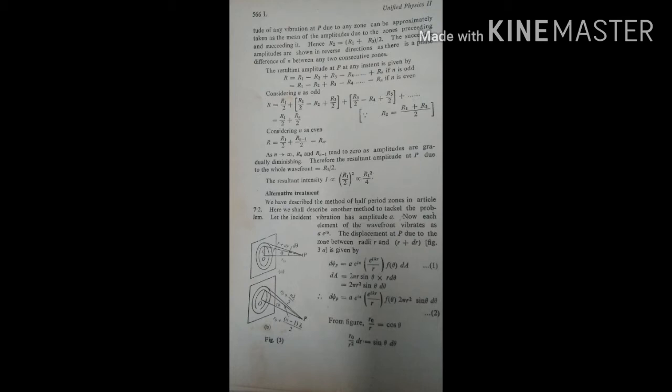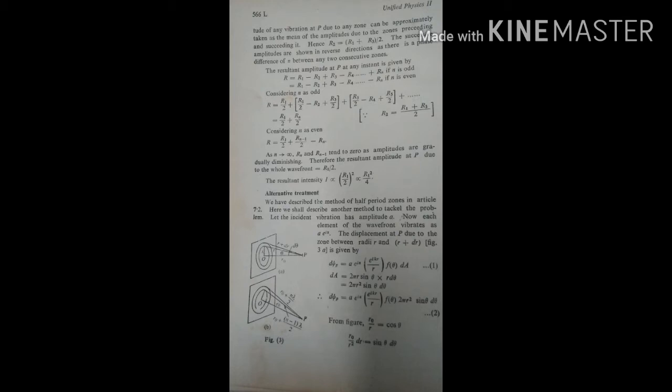Therefore, the amplitude of any vibration at P due to any zone can be approximately taken as the mean of the amplitudes due to the zones preceding and succeeding it. Hence, R2 equals (R1 + R3)/2. The two successive amplitudes act in reverse directions as there is a phase difference of π between any two consecutive zones.